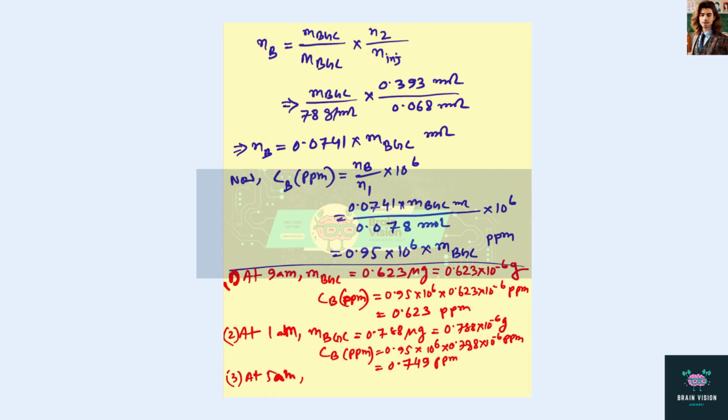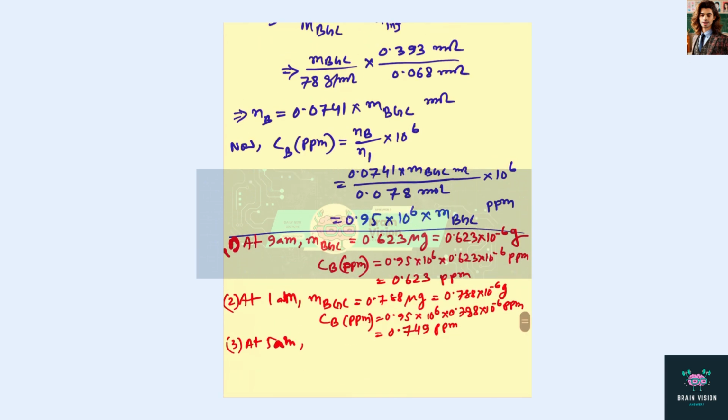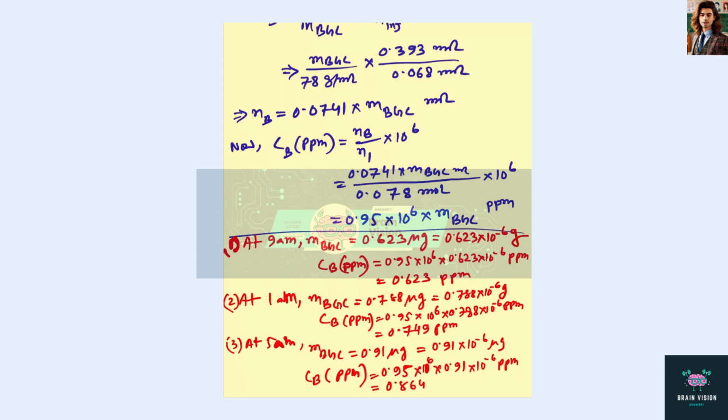And finally at 5 a.m., the mass of benzene in the chromatogram is given as 0.91 microgram. Therefore, the concentration is 0.864 ppm.